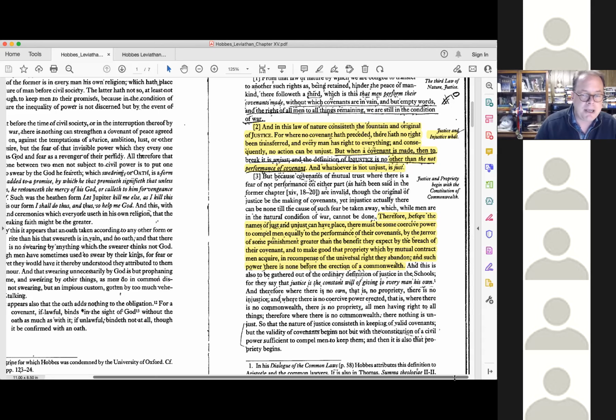The way you get people to behave and be good, first of all, there's no notion that there are people out there that are naturally good. Good fences make good neighbors. People are made good by the terror of some punishment that is bigger than the benefit they think they might get by breaking the rules.